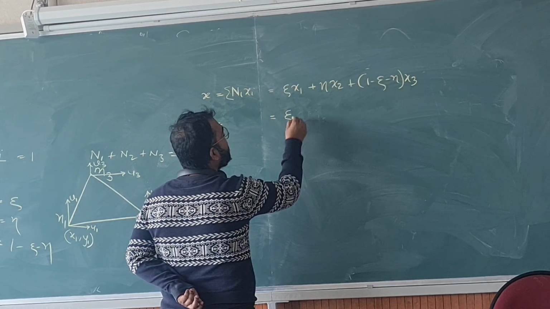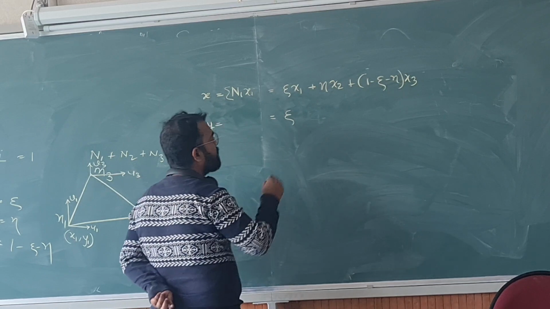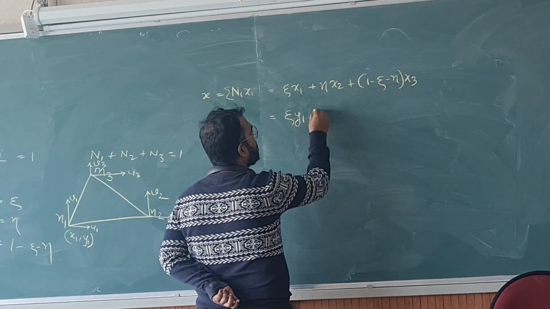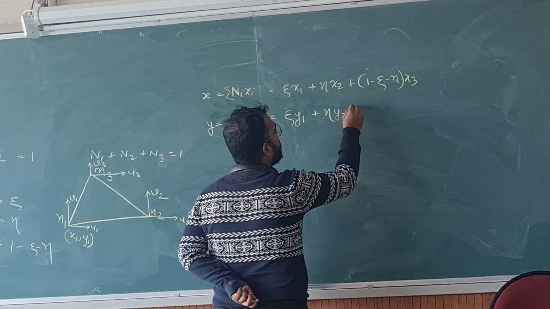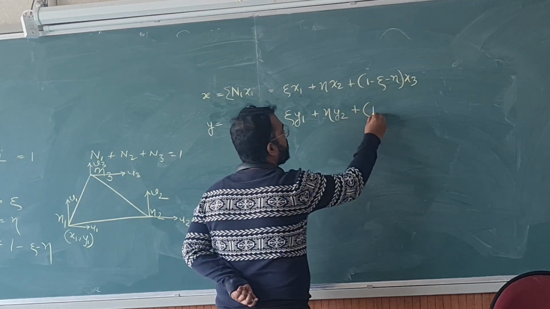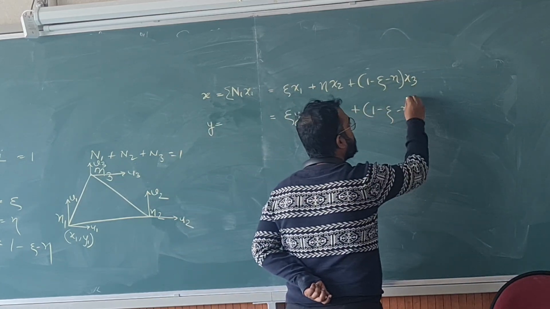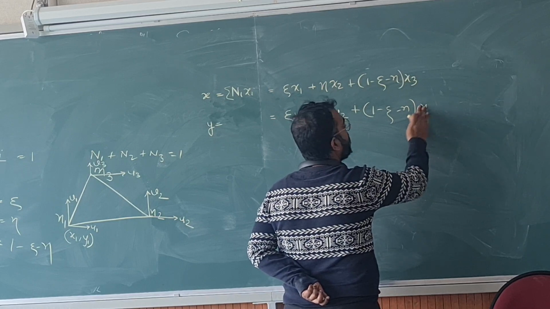So this will be N1, which is epsilon, into Y1 and N2 Y2 plus 1 minus epsilon minus eta, and what do I have? Y3.